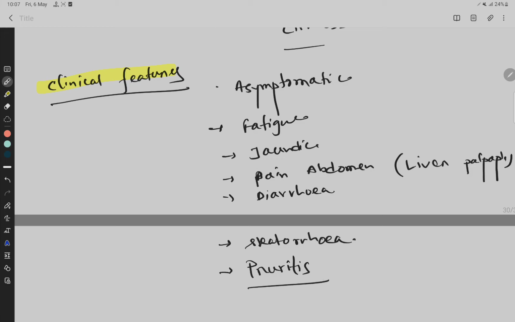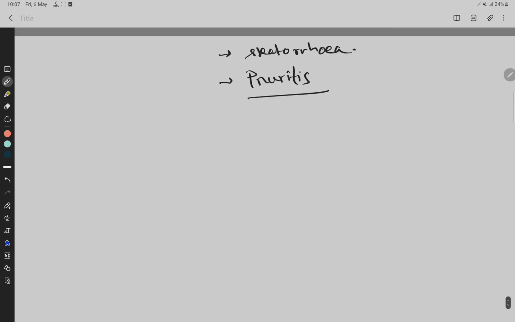So these are the clinical features seen in the primary biliary cirrhosis or primary biliary cholangitis patient. Then investigation.